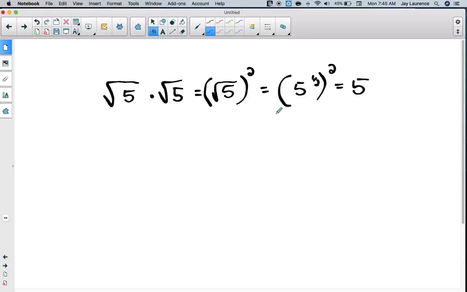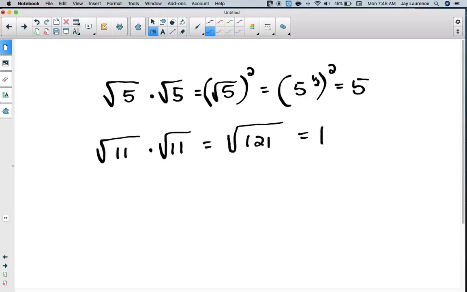Now, I don't want to go through all those baby steps, but I'm very surprised that if I give you rad 11 times rad 11, some of you go, okay, well, let's see, that's rad of 121. Square root of 121 is 11. I'm expecting you by now to just see 11, knowing that squaring a rad cancels out the root.